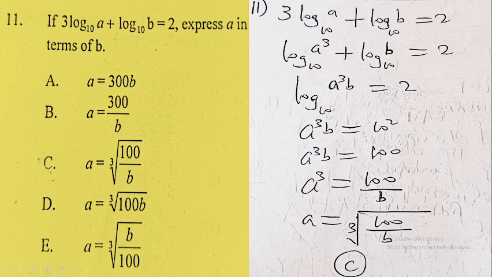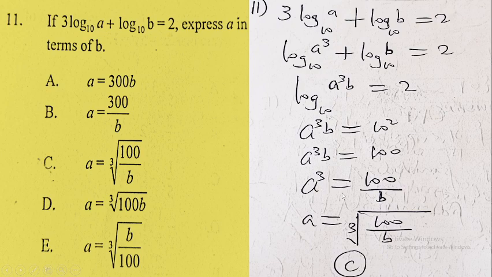Then how often can I raise 10 with 2 to get A raised to the power 3B? That's the definition of logarithm. So then I have A raised to the power 3B equal to 10 raised to the power 2. 10 raised to the power 2 gives us 100. Then from there we can divide both sides by B so that we have A cube here.